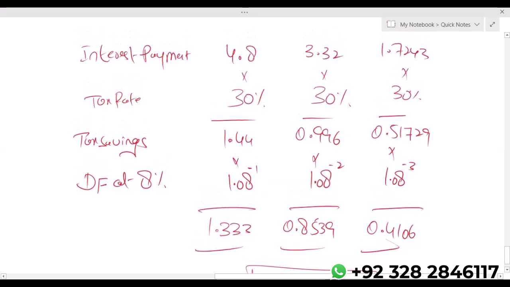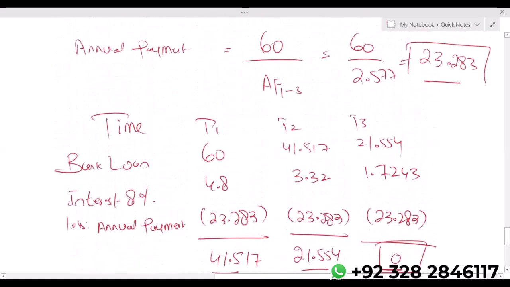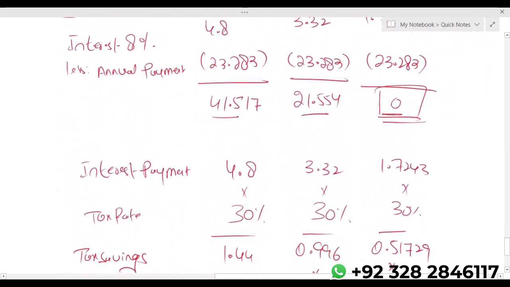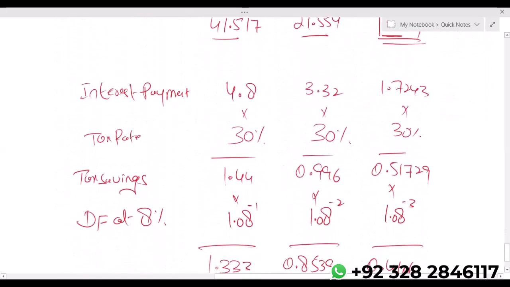I hope the entire calculation is clear to everyone. Quickly reply, please. Interest payments, then multiply by tax rate, they give us tax savings, and then discounting. Now we cannot apply annuity factor here because tax savings are different every year.